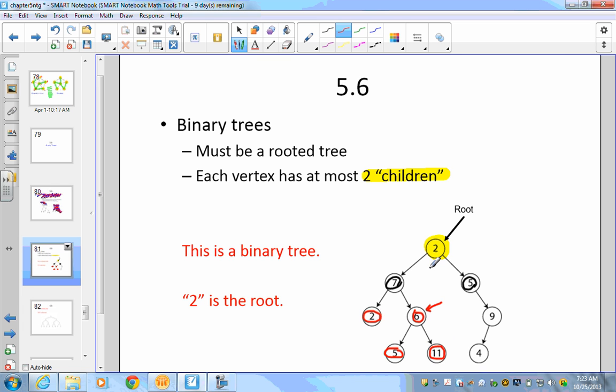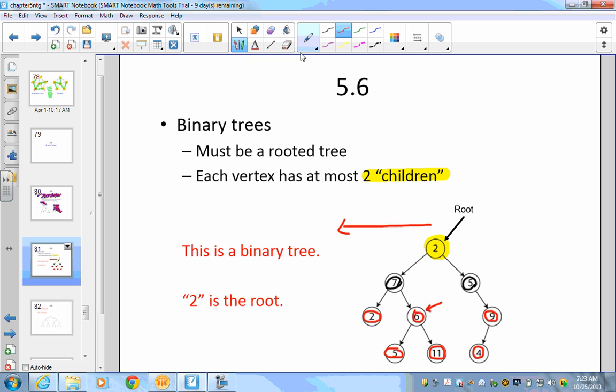So everything on the left-hand side of the tree, each parent has no more than two kids. But let's look over here. You have vertex 5, who's the parent of vertex 9. There's only one child there. That's okay. And then you have vertex 4, which is the child of vertex 9. So all the parents have no more than two children. It is a binary tree.